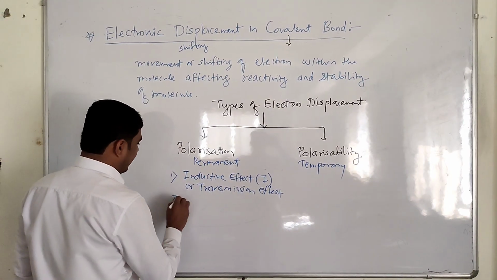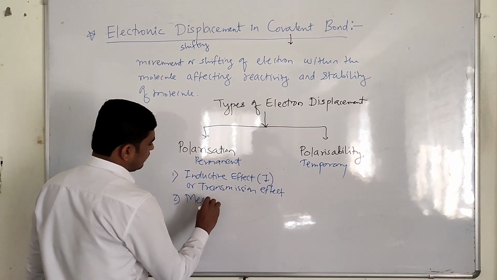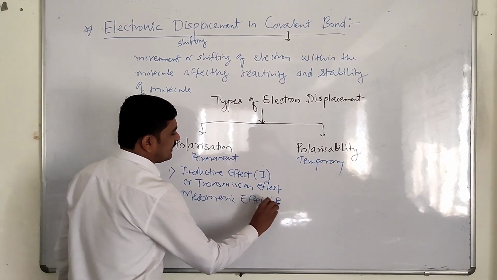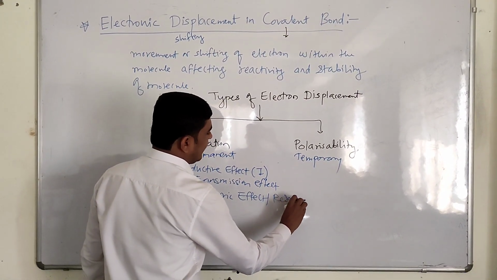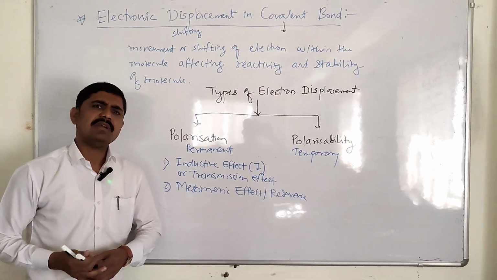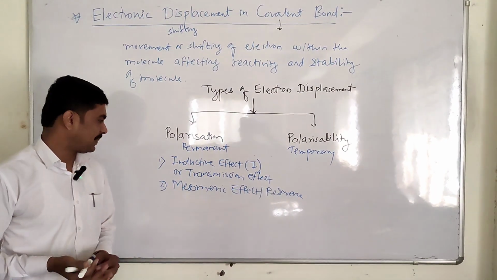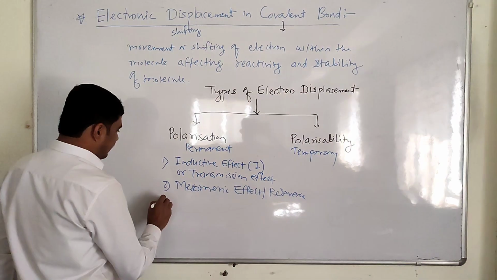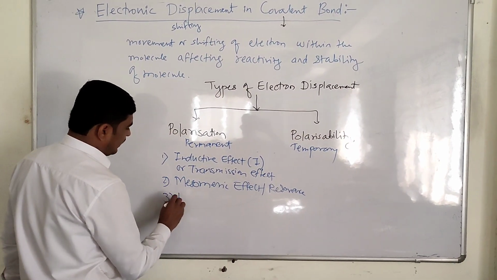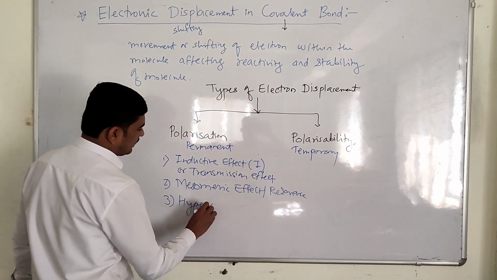The second is the mesomeric effect, also known as resonance. There is a slight difference between mesomeric effect and resonance, but the concept is nearly the same. The third is hyperconjugation, again an important concept.